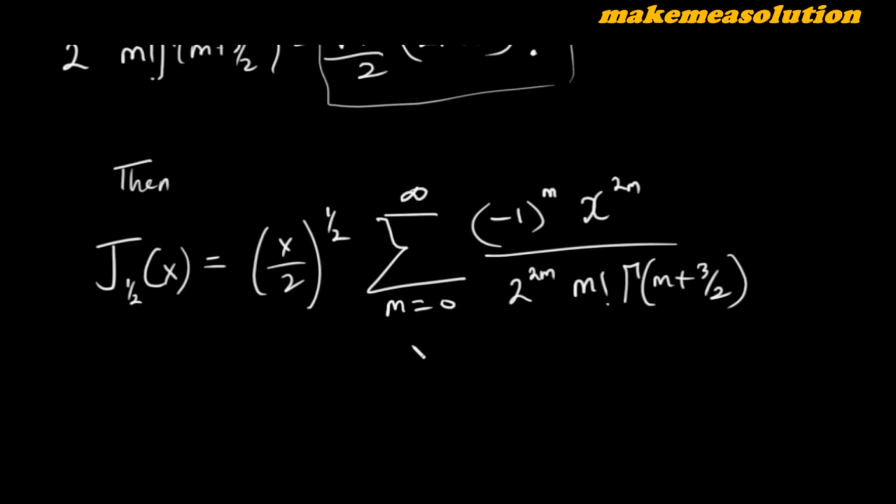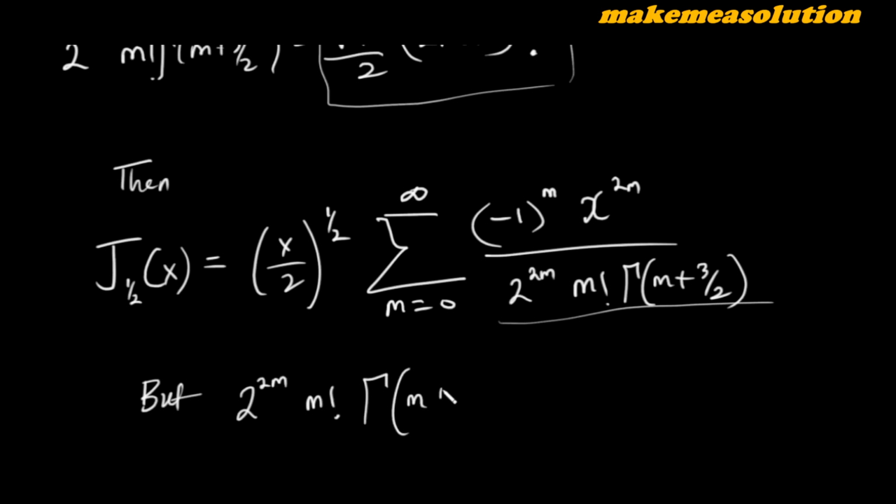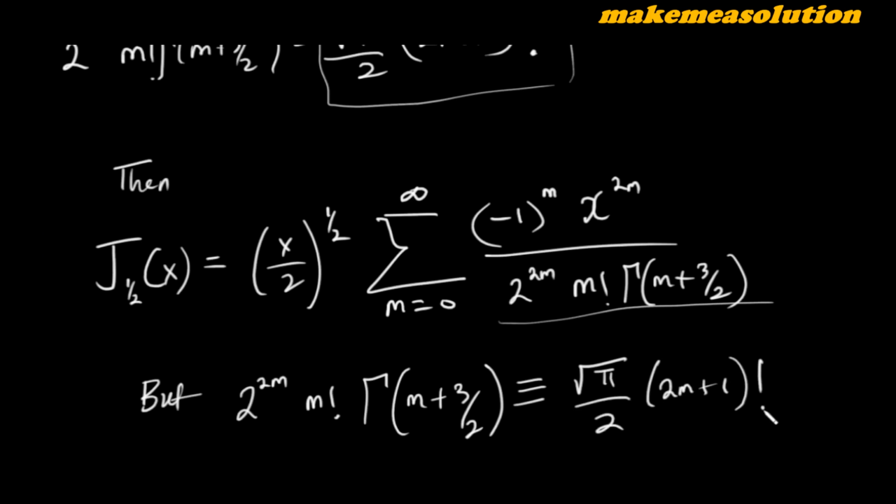By the formula which we have already derived, if you have time to derive it, feel free. If you don't have time, please just memorize this: 2 raised to the power of 2m, m factorial, gamma of m plus 3 over 2 translates to root pi over 2, times 2m plus 1 factorial.